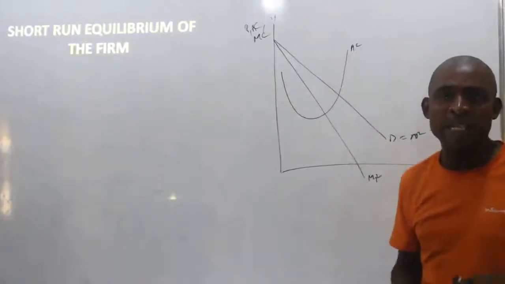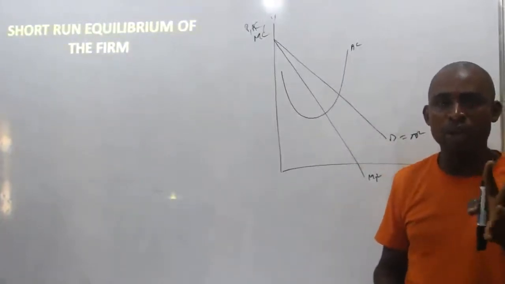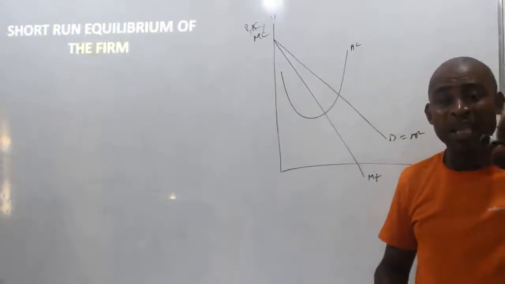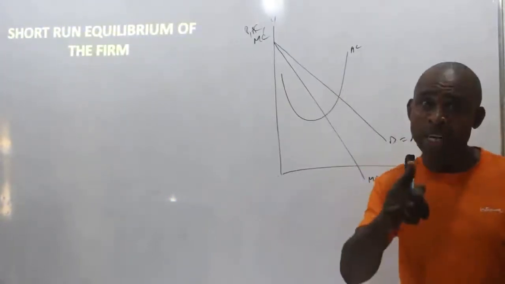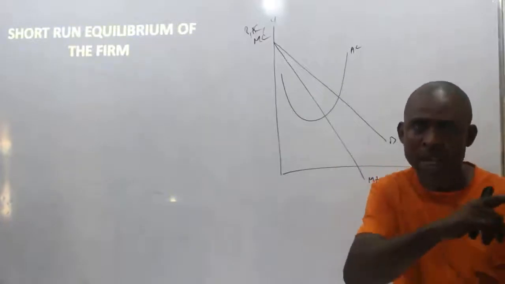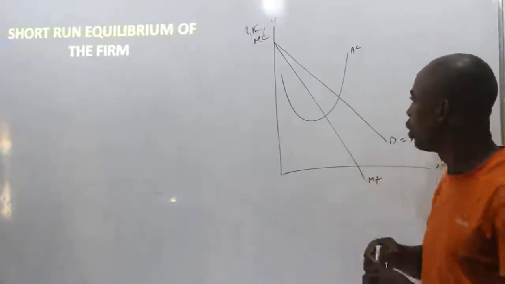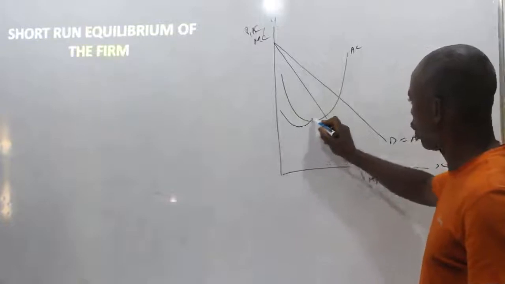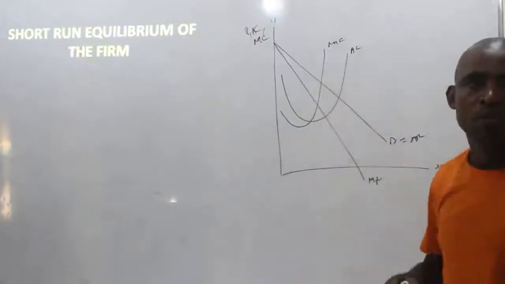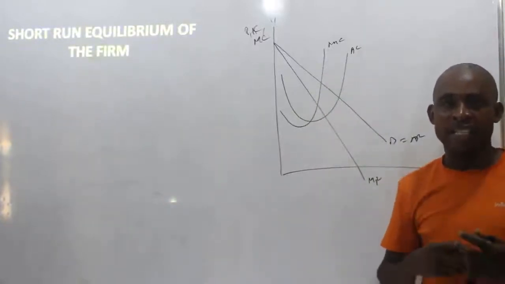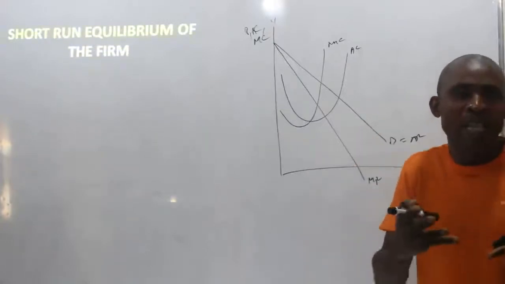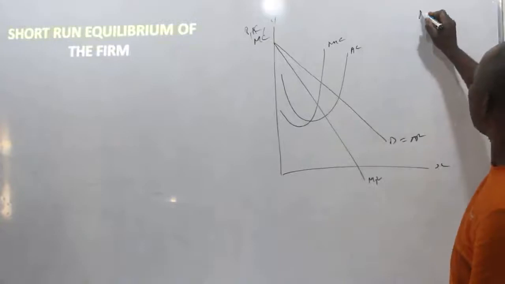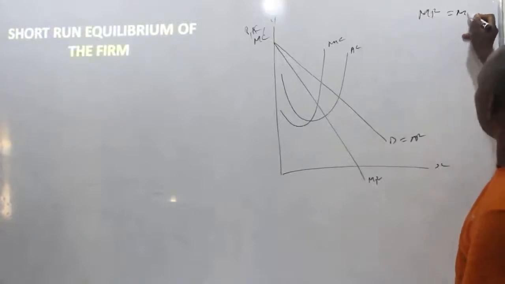And then I said when I was describing the structure of the monopoly that the marginal cost cuts the average cost from the minimum. So the marginal cost is like this. It cuts this one from the minimum. What did I say next? I said this firm maximizes profit at the level of output where marginal revenue is equal to marginal cost.